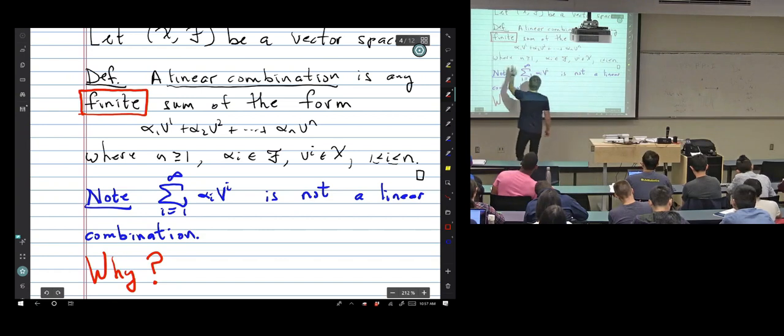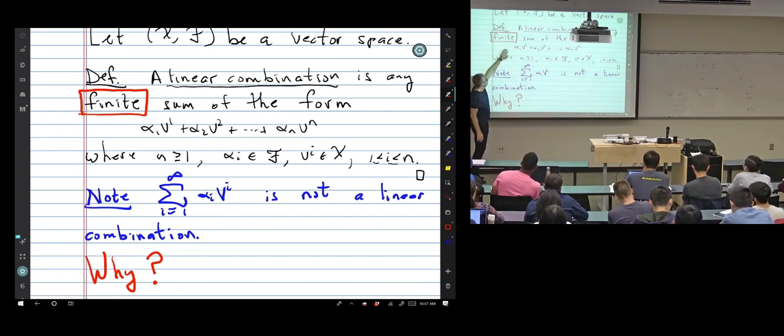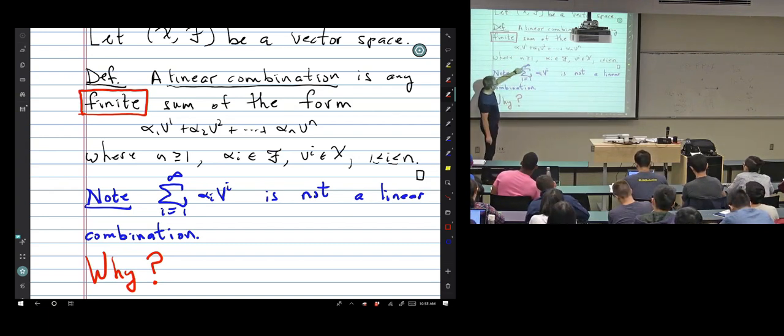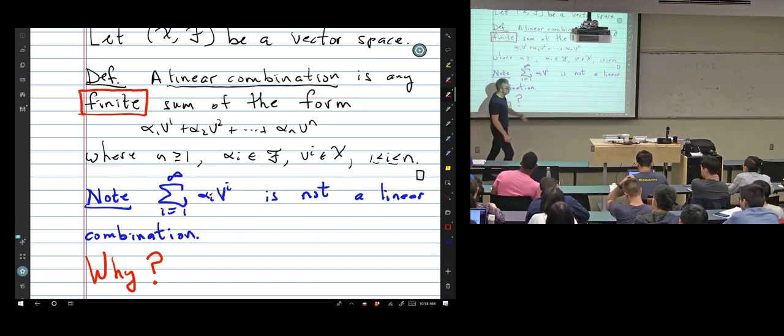So this is absolutely the hardest part of this. It's not that hard, but it's really, really important. You cannot have infinite sums. That is not an allowable linear combination. So let me explain why. Okay, but it's a definition, and it says it has to be finite, so this fails, okay? It fails the definition.